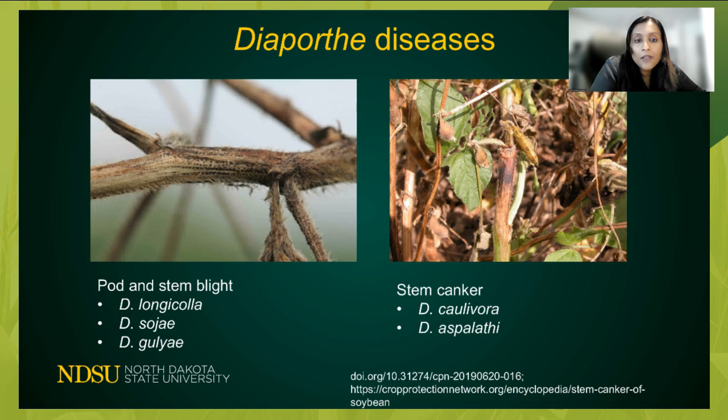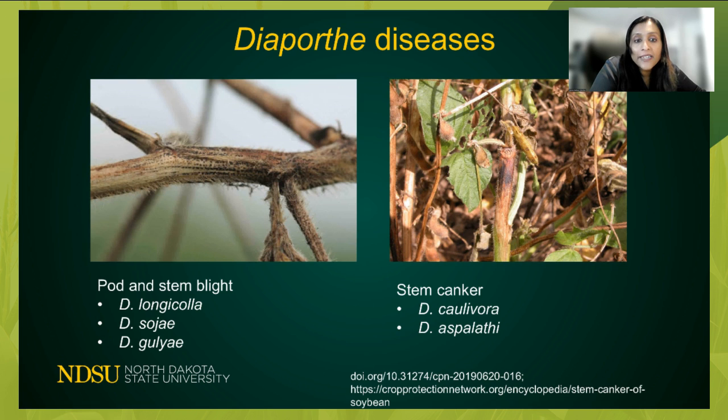Now, for the diseases spot stem blight and stem canker, you may see several names out there. Once upon a time, it was believed that there was only one pathogen involved. But today, we know that it could be a complex, or one or more of these organisms can co-occur and still compromise the soybean yield.